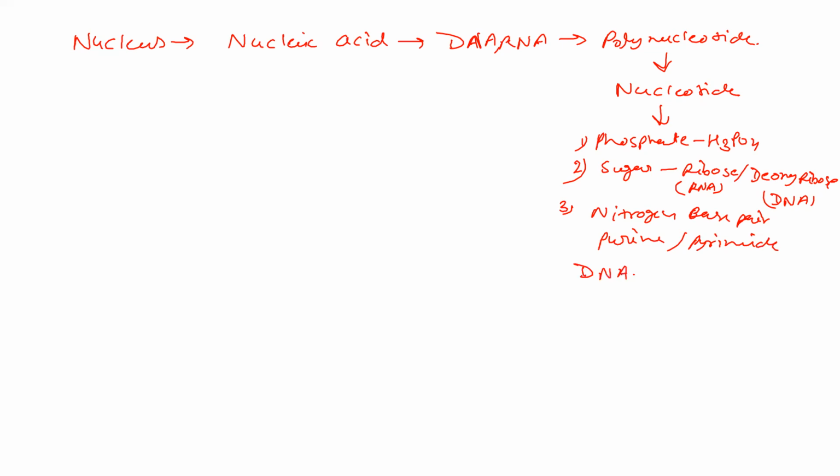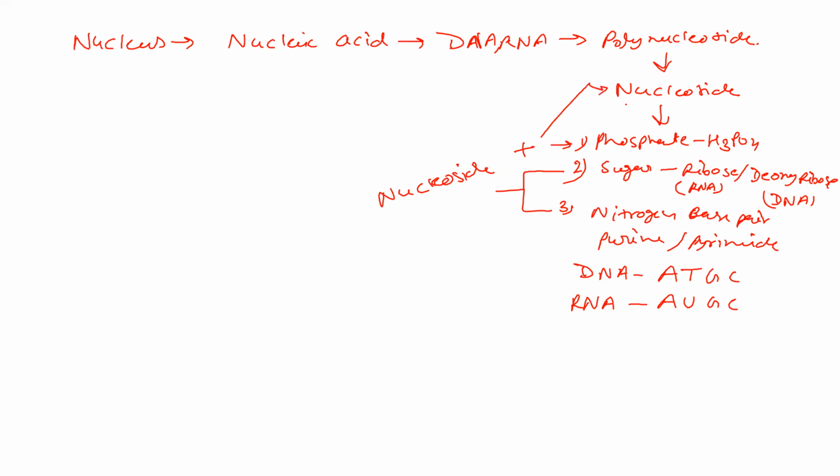In DNA, the sequence of nitrogen bases is ATGC, and in RNA, it is AUGC. Sugar and nitrogen base together form nucleoside, and nucleoside plus phosphate group forms nucleotide.